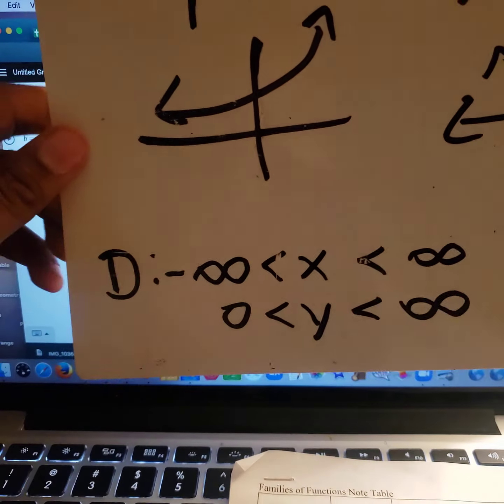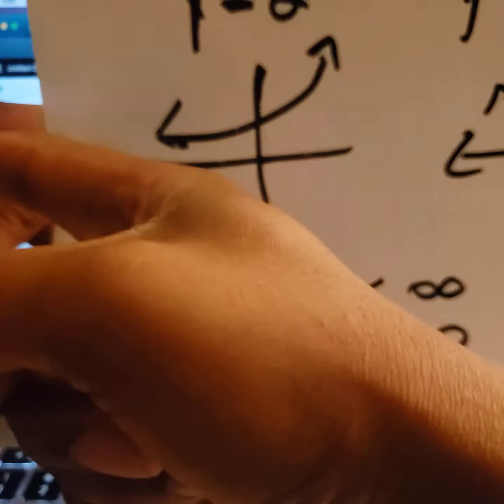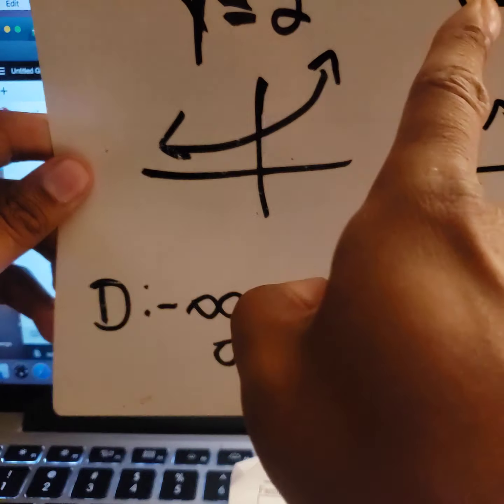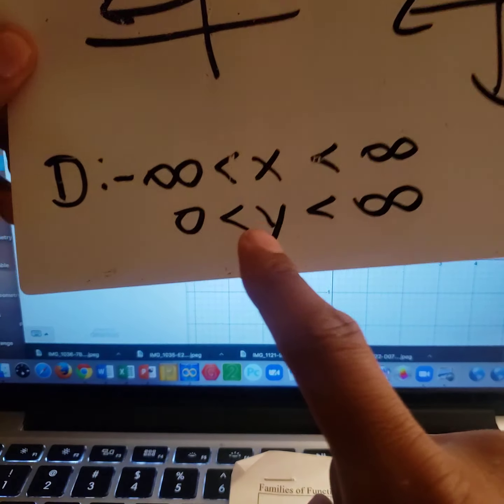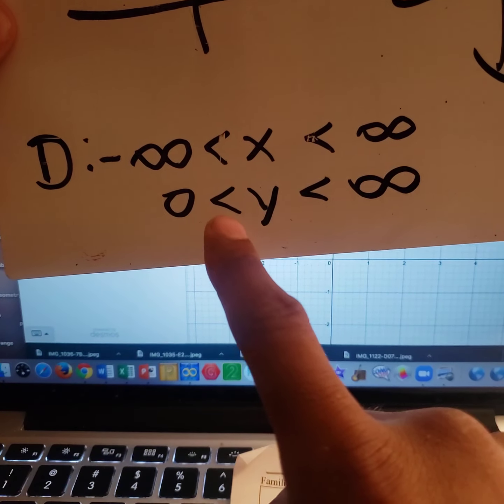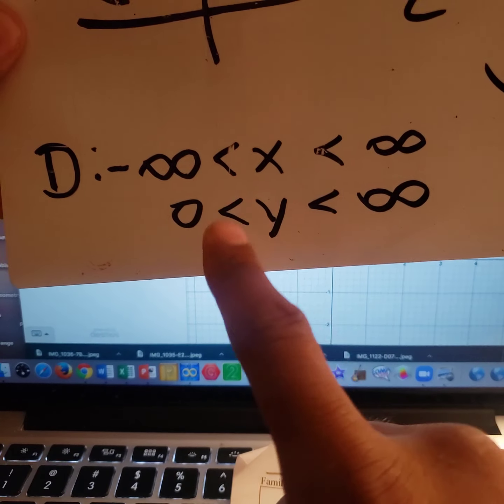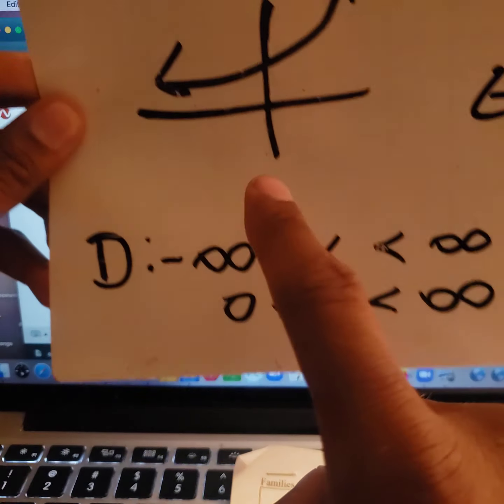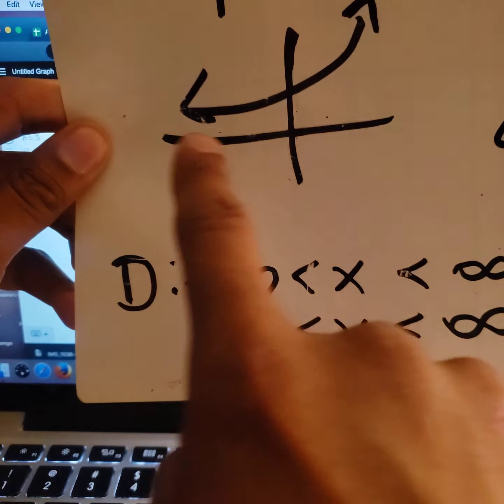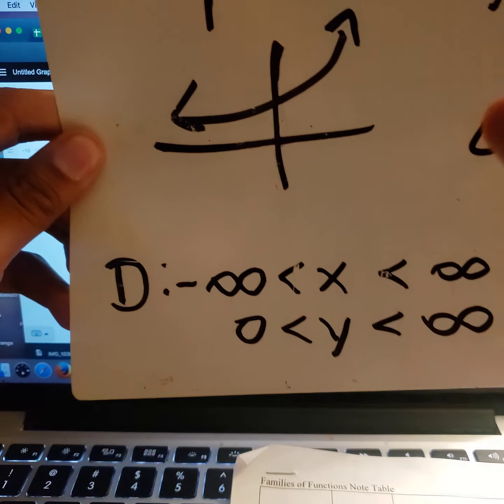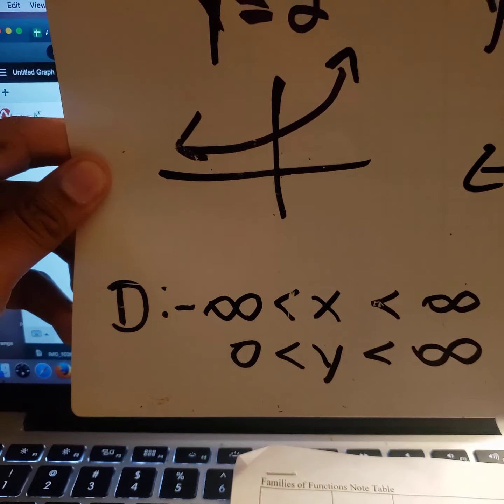If you look at it here, it goes to negative infinity and it goes to positive infinity that way. Our range is a little bit tricky. It goes from 0 to positive infinity. It doesn't include the 0, because it's an asymptote right there. It just goes up to infinity.